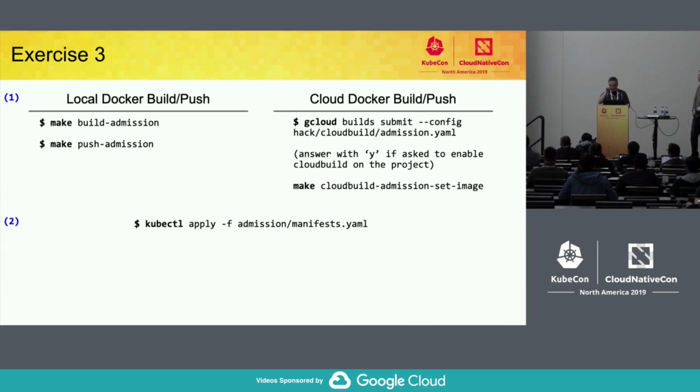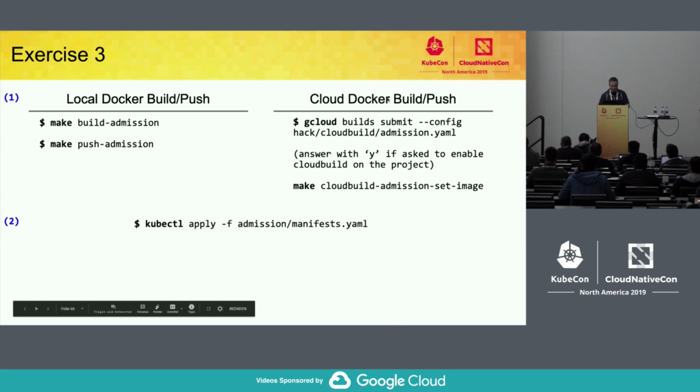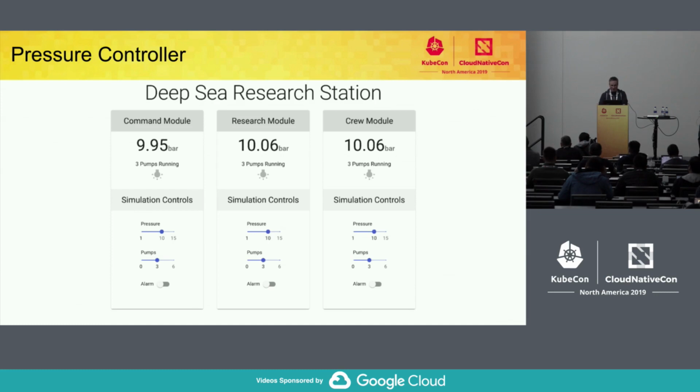Here are some instructions on how to do that if you want to build it in the cloud shell. So here we see how it would look if our controller would work. Somehow we have a panic here. We have not implemented the logic there, so everything which happens here you can do at home or later on here in the conference.